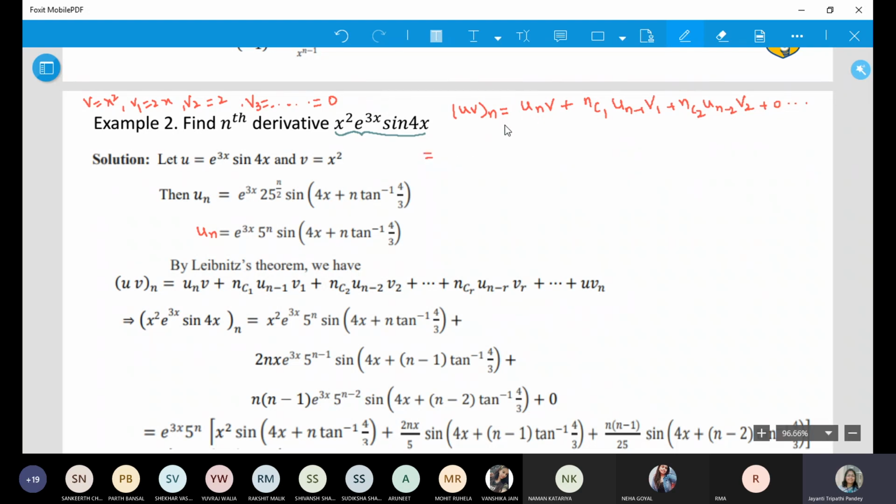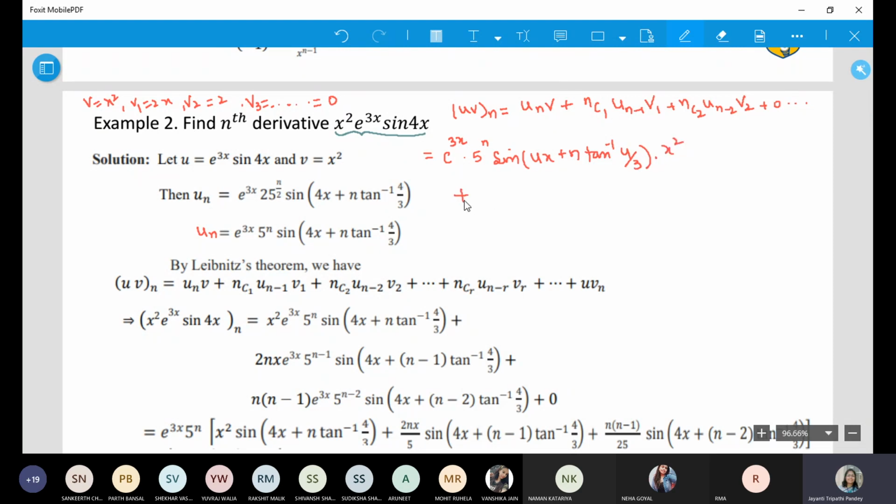What will you get? First one is u_n. So simple: e to the power 3x, 5 to the power n, sine(4x plus n tan inverse 4 by 3) into v. v is x square.